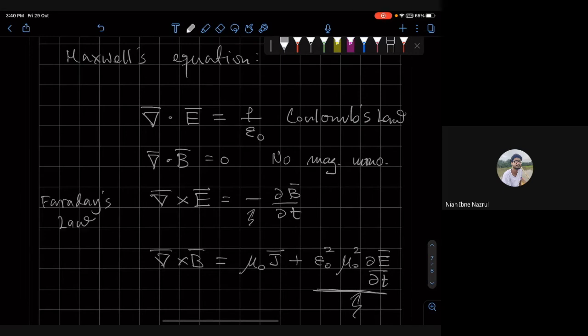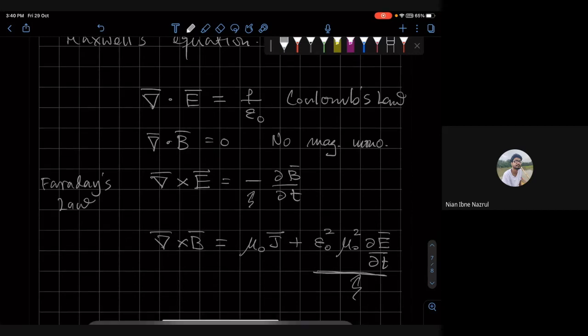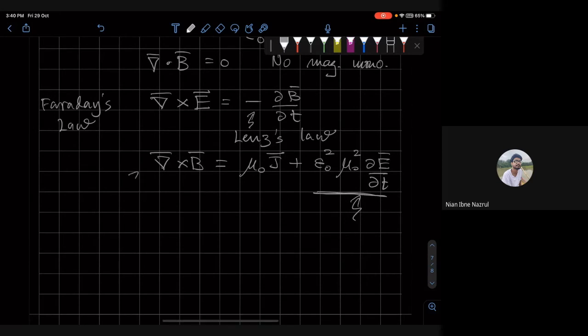This is the law that we use behind generating power from hydroelectric, but this sign is Lenz's law. And this is Ampere's law. But the addition of this guy, which came from considering capacitors, is the correction by Maxwell. Okay.